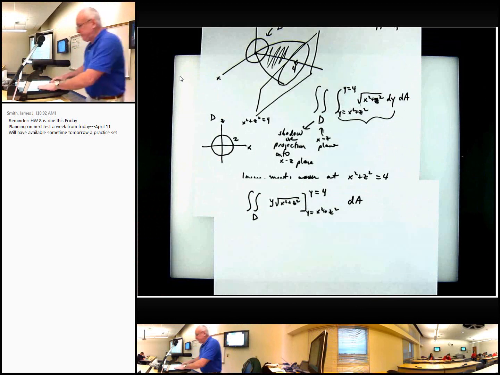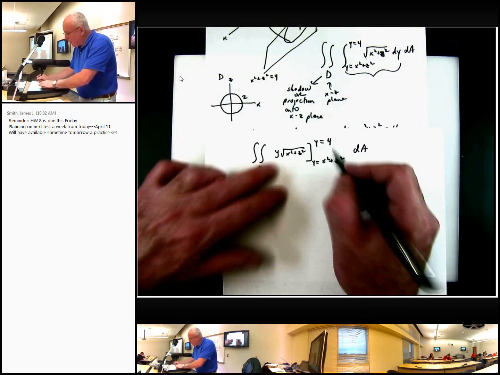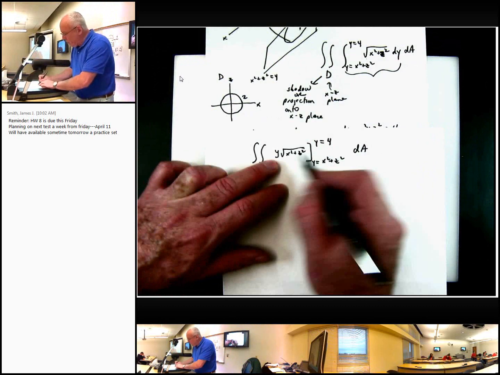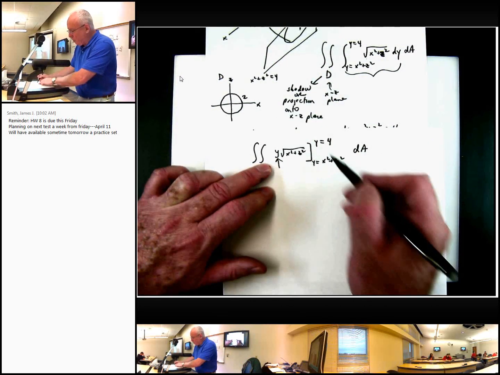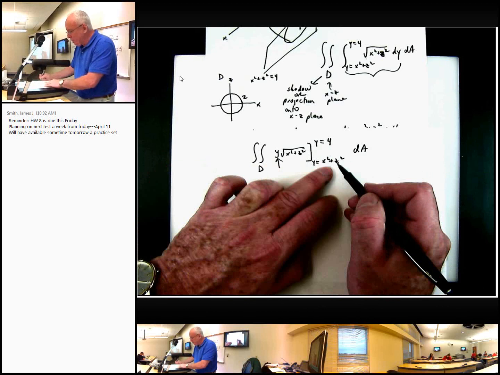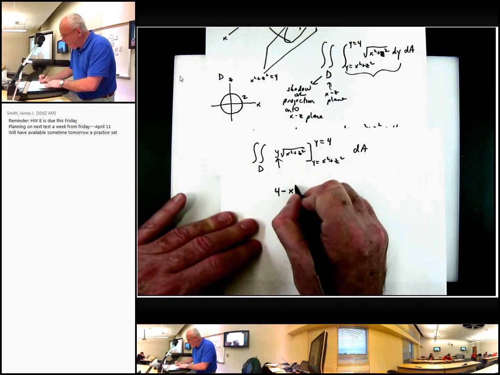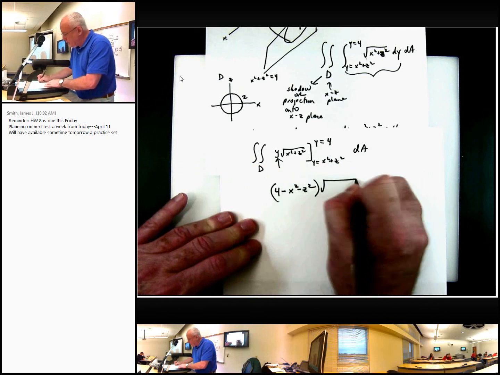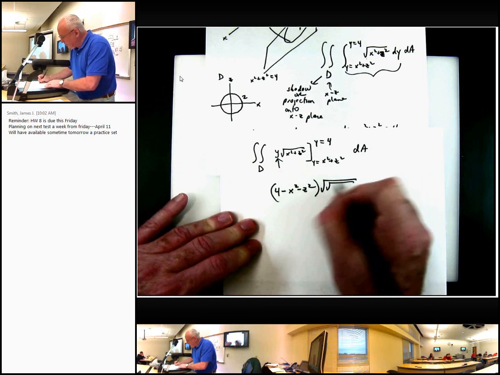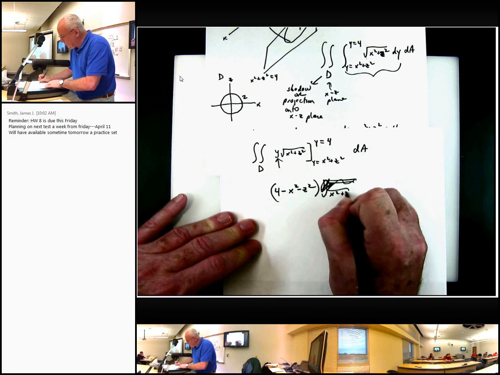All right. Let's plug in the top and the bottom ones. When we plug in, the only y we have is right here. So when we plug in the top, we're going to get 4. When we plug in the bottom, we're going to get x squared plus z squared. So this is what we're going to get then: 4 minus x squared minus z squared in parentheses times the square root of x squared plus z squared.